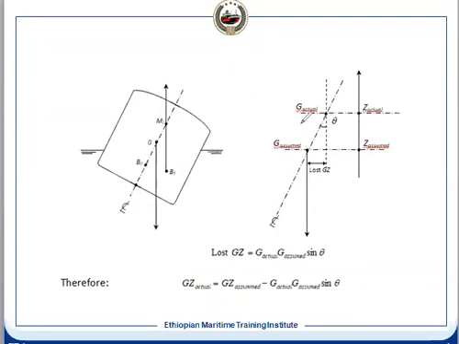We have assumed a G to construct that curve, the cross stability curve. But on a ship, depending on the different loading conditions, G can move. We are still considering it on the center line, but it can move upward or downward. It might not be at the same point as Z assumed. Suppose in one loading condition, this curve is for a KG of 6 meters that we have considered, and your G is 6 meters.